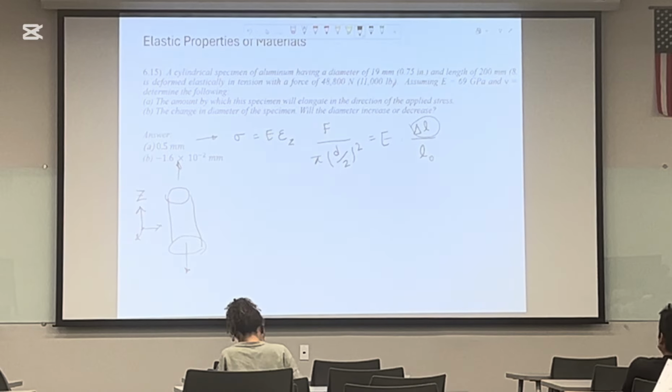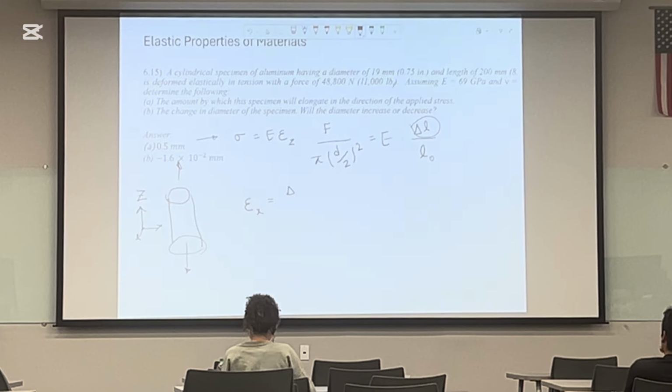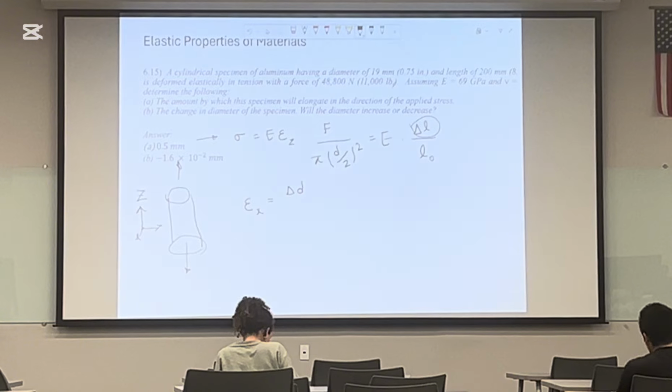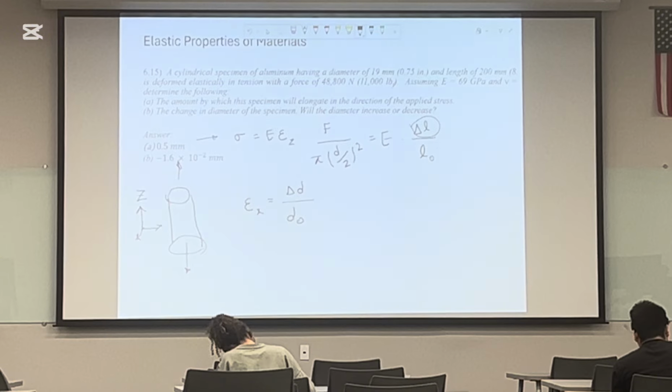So in other words, we want to find epsilon x, because epsilon x is basically delta d, or the change in the diameter, over d naught, or the initial diameter.